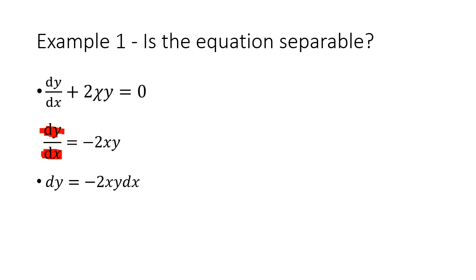What we did here was that we take the differential of x as a division and pass it to the other side of the equation multiplying. Now we have the differential of y that's equal to minus 2xy multiplied by the differential of x.